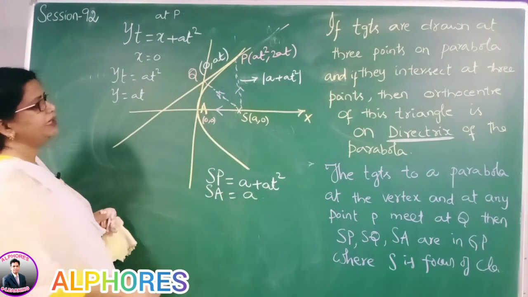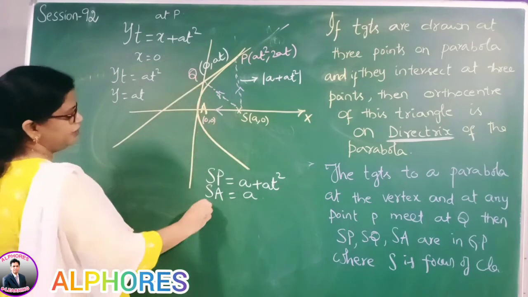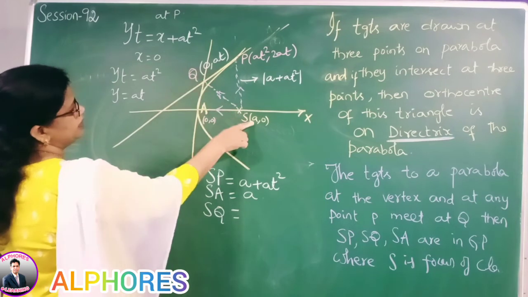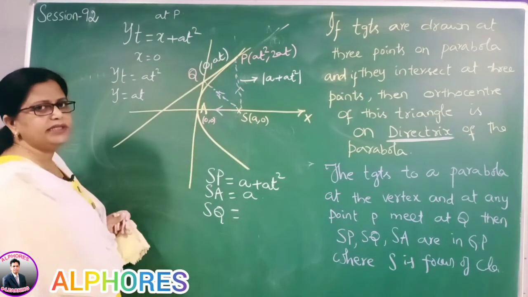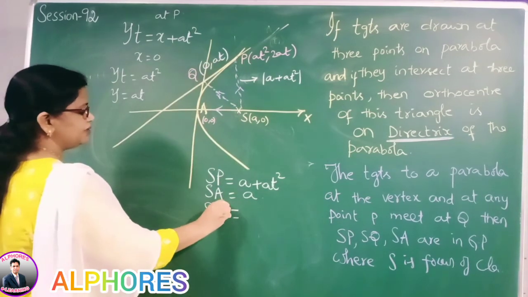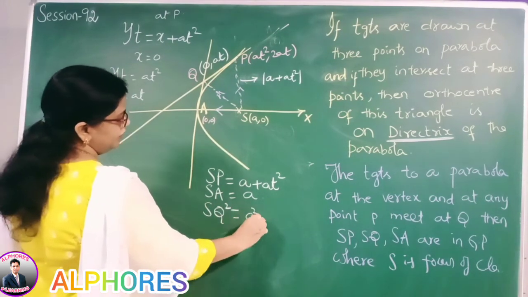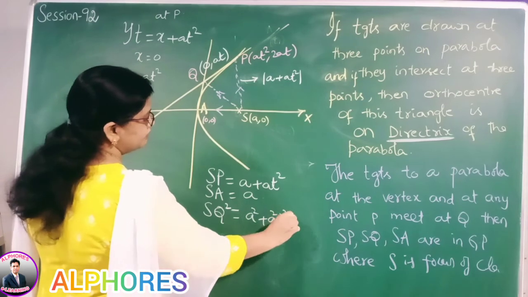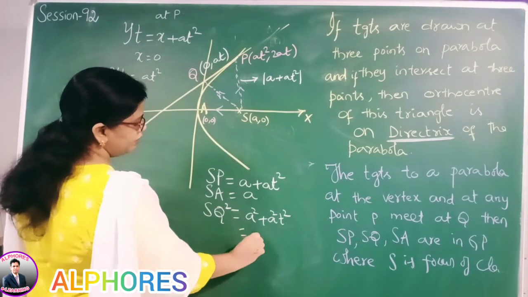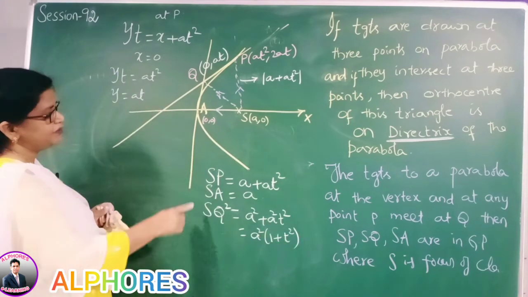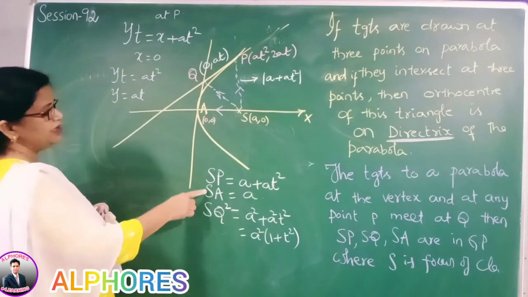Okay students, then what about the SQ value now? SQ is nothing but, what is the distance here? Square root of a square plus a square t square. So let us take SQ square. Okay, SQ square is nothing but, by the distance formula, a square plus a square t square. So if you take a square common here, it is a square into 1 plus t square. Observe now, students, what is the product of SP and SA?